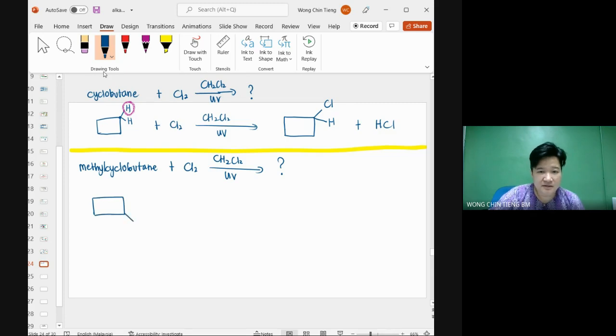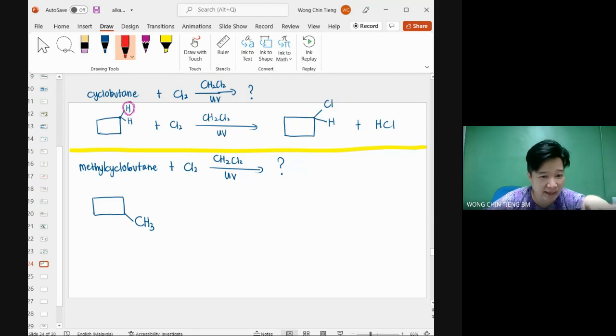Cyclobutane methyl group. Do you want to try or do you want to do it together? We do it together sebab tutorial kamu banyak soalan lagi. Jangan risau. Your tutorial having I think about 10 question more. Betul? So I'll teach you.